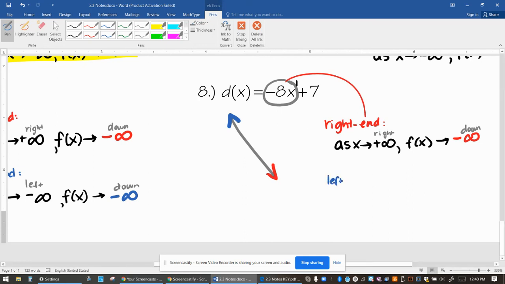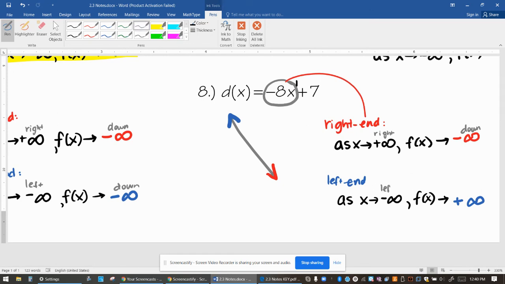The left end behavior is going to be the opposite. Instead of negative infinity for the y values, it's going to be positive infinity because it's an odd function, remember, and the arrows are pointing in opposite directions. But your notation has to say, as I travel to the left on the x-axis, the y values are rising.